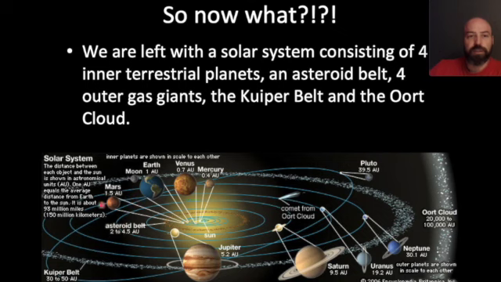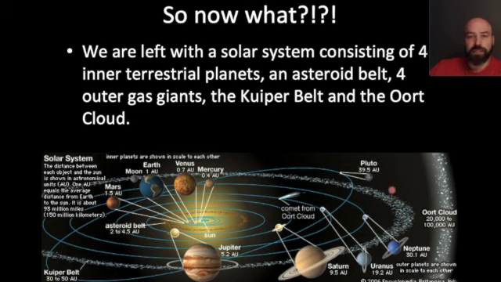So 4 inner terrestrial planets, the asteroid belt, 4 outer gas planets. Again, they're mostly gas. And then we have the Kuiper belt, which you can think of like that asteroid belt, but it's kind of larger objects. It's much farther out.